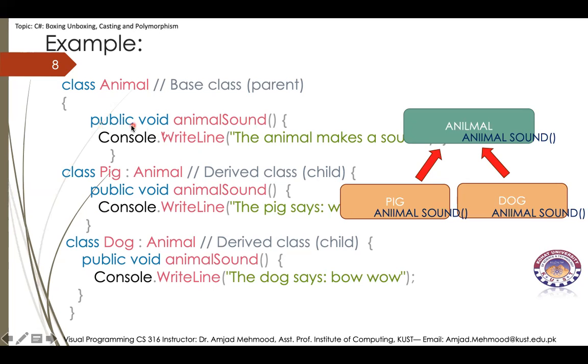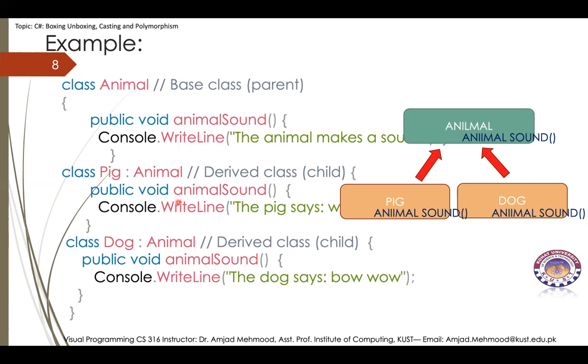So if we have public void and a method name, and if we deploy the same method in a derived class, this cannot be called overriding in C#. Here you can see the behavior of this function: we have different classes and we have the same signature. Both conditions are met, but this is not polymorphism.